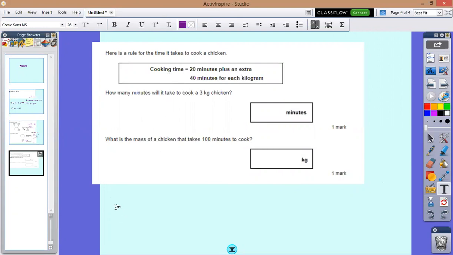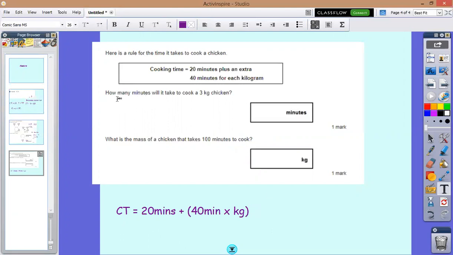Cooking time, which is CT, equals 20 minutes plus, and I'm going to put this in brackets, 40 minutes times a kilogram.